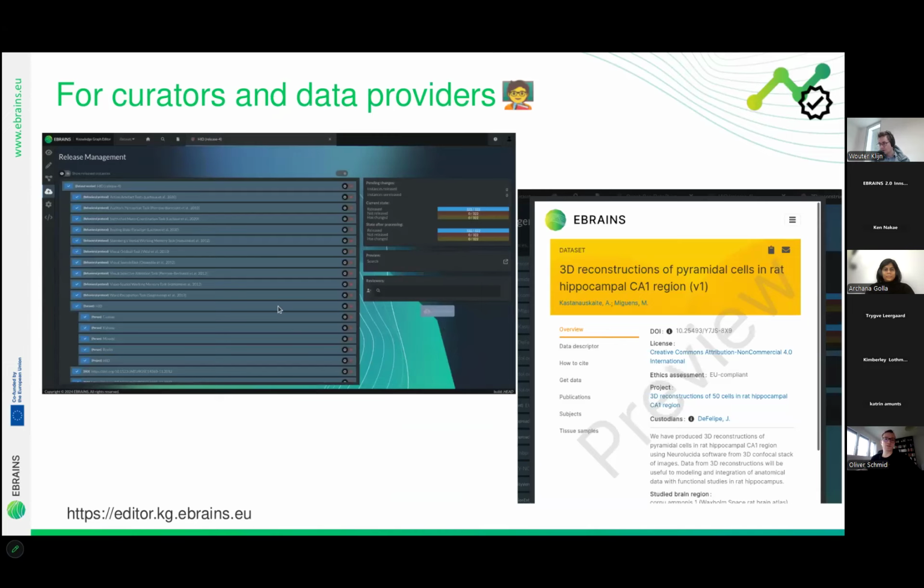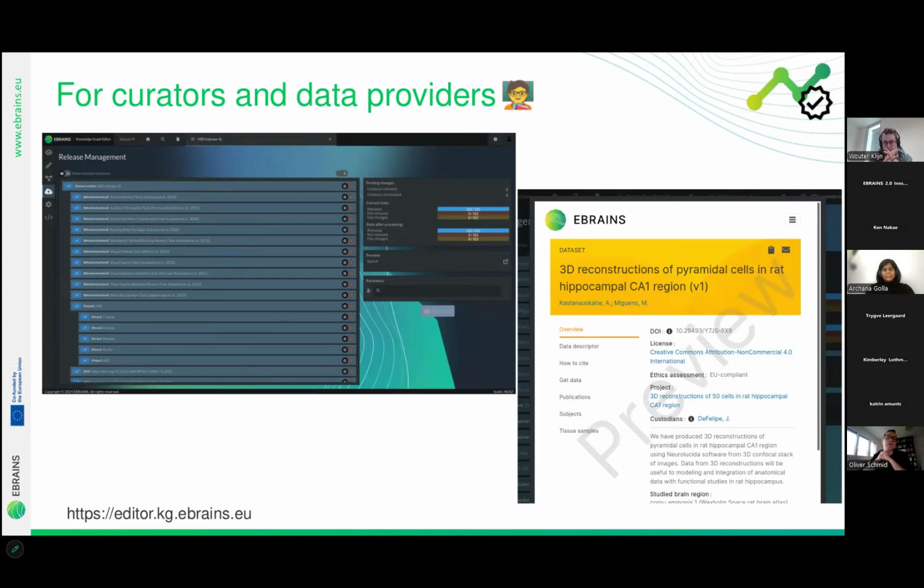It also includes, and that's why I was saying it's not just an editor, workflows like release management. I was previously talking about that you need to validate the compliance with some conventions. You need to validate that everything is in place as the data provider wants it to be.